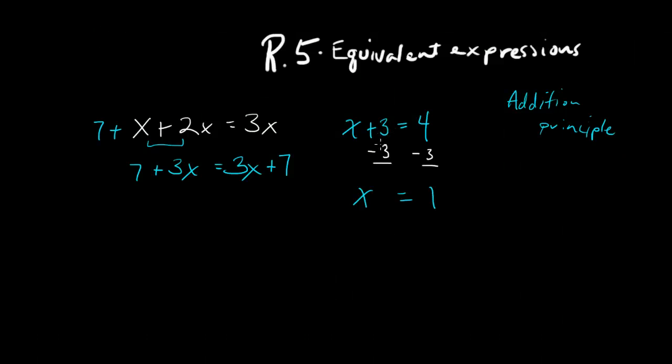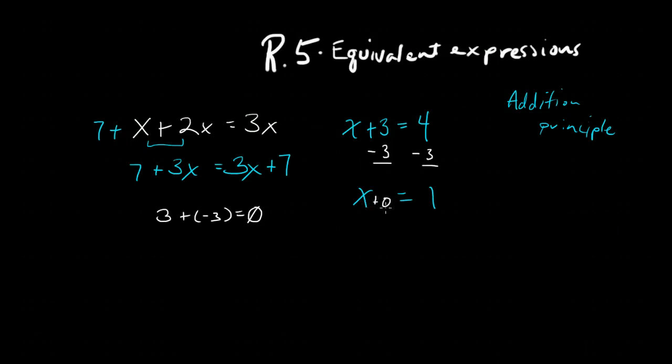And so we do that, we add the negative 3 here because 3 plus a negative 3 is a number plus its additive inverse. And what happens when we add inverses together? We get the identity, which is 0. This now says specifically x plus 0 is equal to 4 minus 3, which is 1.